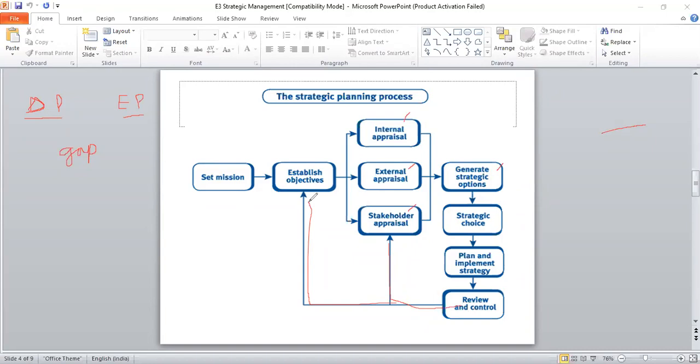If feedback is given about the objectives that it is not feasible to achieve them, then measures are taken to even revise those objectives according to the possibility to achieve them. If it is not possible, then having them as objectives makes no sense. So maybe they alter, change, or revise those objectives.